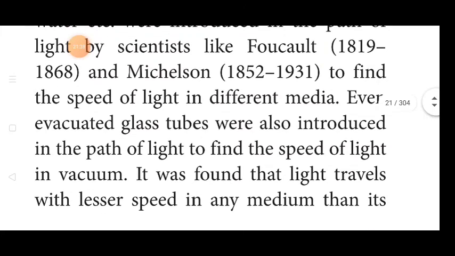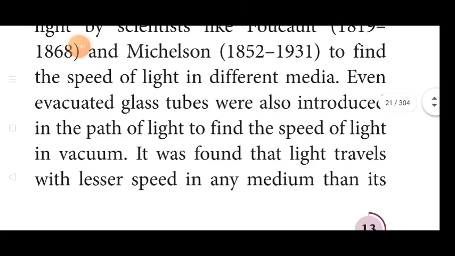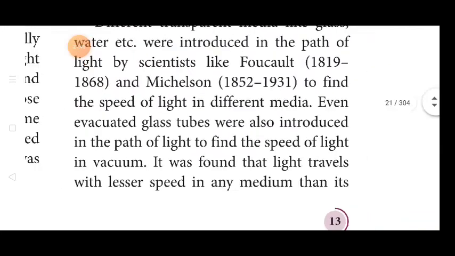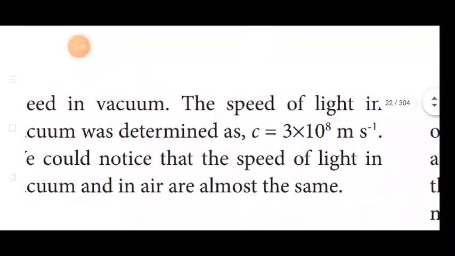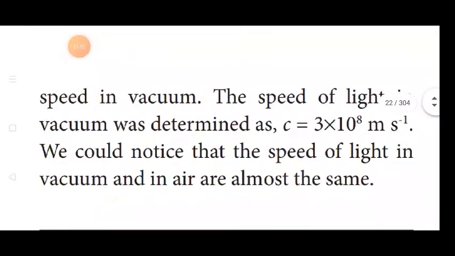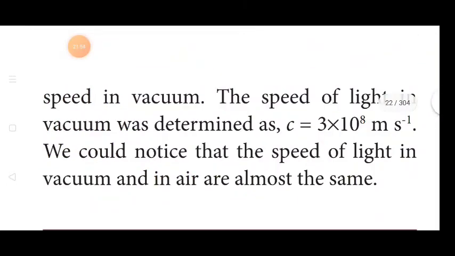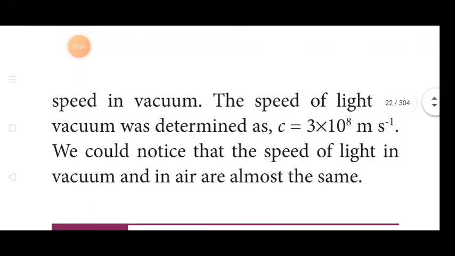It was found that light travels with lesser speed in any medium than its speed in vacuum. The speed of light in vacuum was determined as c is equal to 3 into 10 power 8 meter per second. We can notice that the speed of light in vacuum and in air are almost the same.